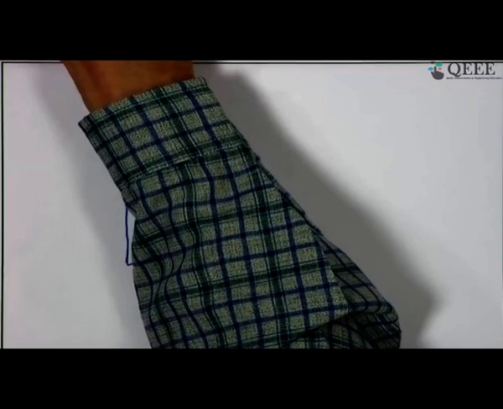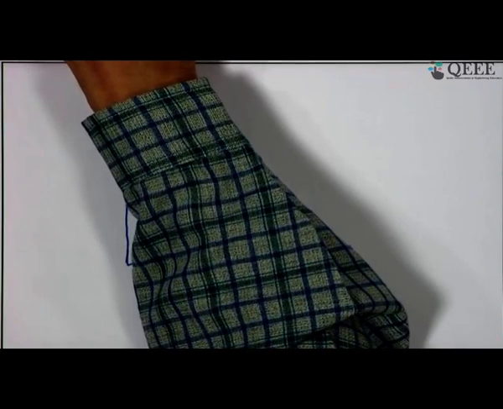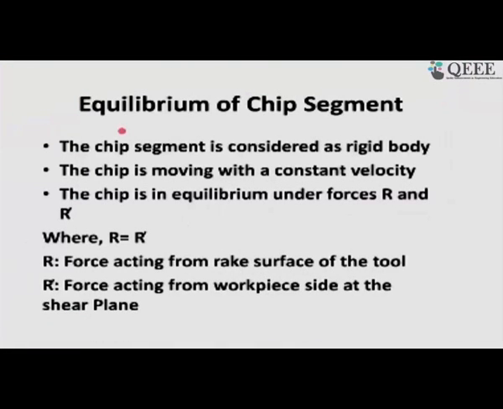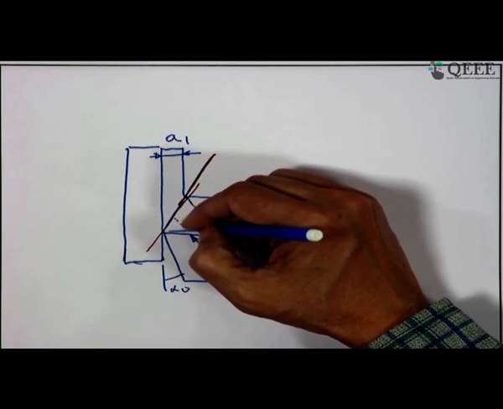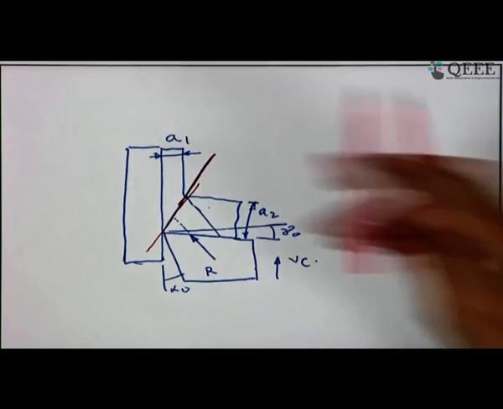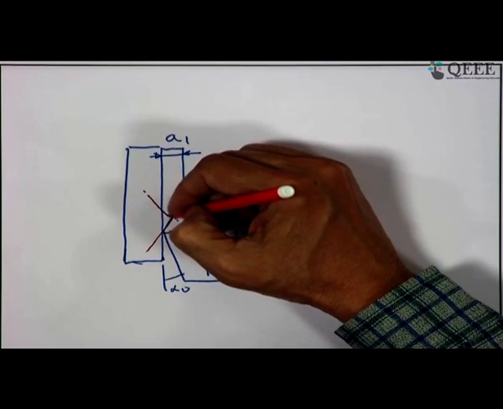Let us go to this quickly here. Okay. So, force R and R dash, R is acting from the tool side, R dash from the workpiece side. Going back to this sketch, here you have R. You can extend this line of R, and from the workpiece side you have R dash.